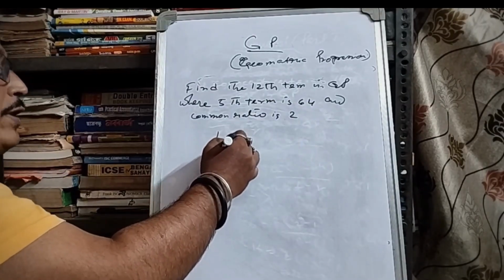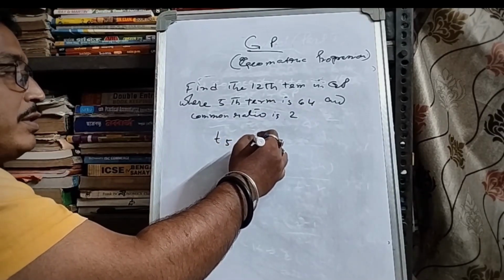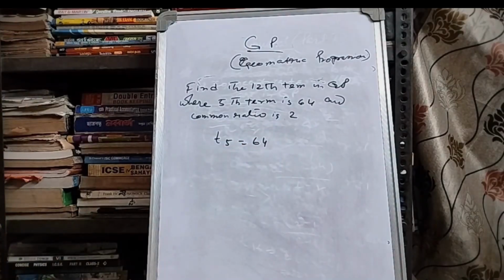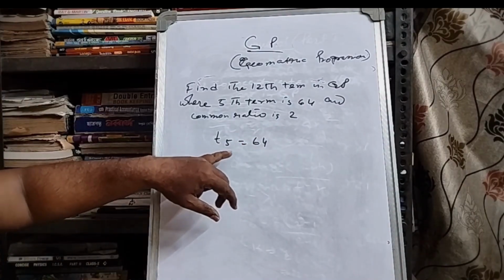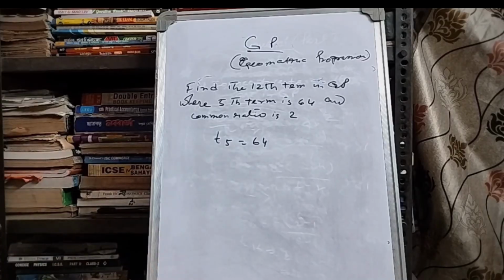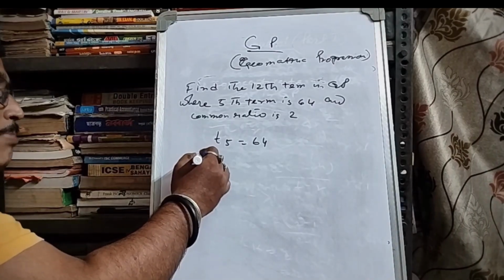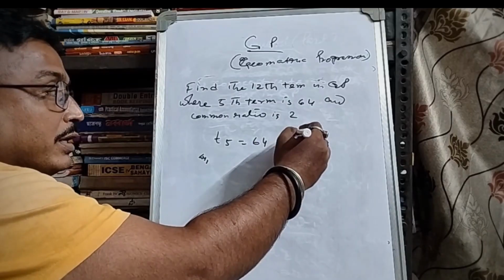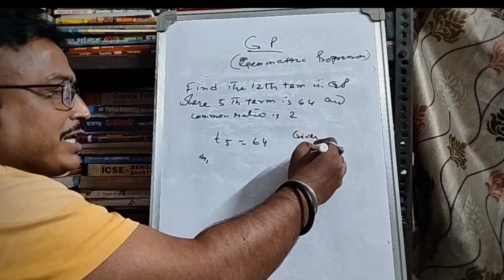So the value of the fifth term has been given, so T5 is equal to 64, and r is given as 2.